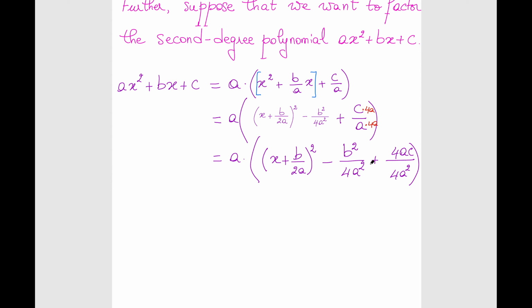Okay. Now I have the same denominator between the last two. How about we condense them? How about we condense the two, and what do we get? We get a times, so let's keep the first part as is, b over 2a squared minus, with 4a squared as the denominator, b squared minus 4ac. Agree with me? Okay.